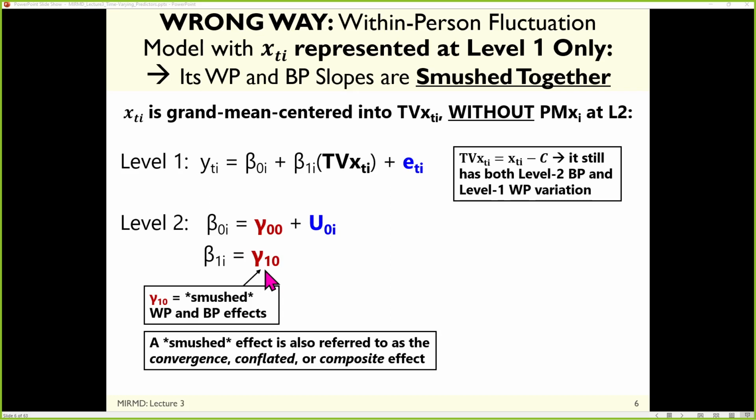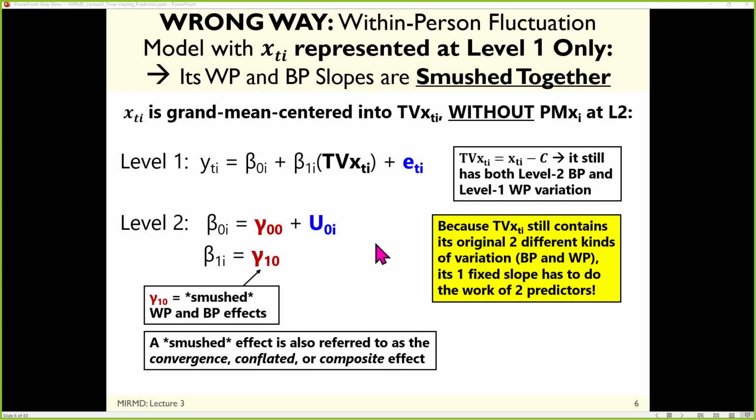Because what it represents is both the effect of being higher on X than other people at level 2, and the effect of being higher than usual relative to yourself at level 1 in one slope. The only situation in which it's okay to have one slope is if those 2 slopes are actually the same, and it's not going to happen most of the time.